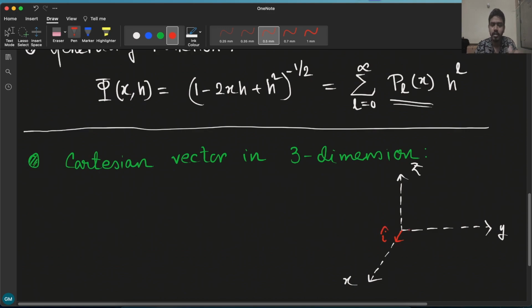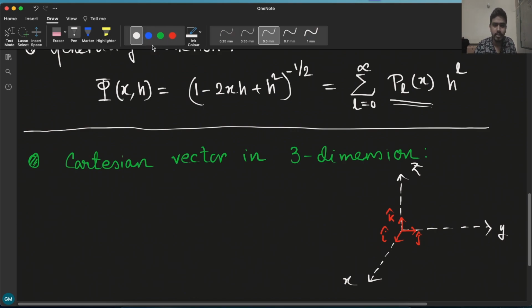Basis vector means the unit vector along the axis x, y, and z. So in 3D there will be three basis vectors. This is j hat and this is k hat, right?